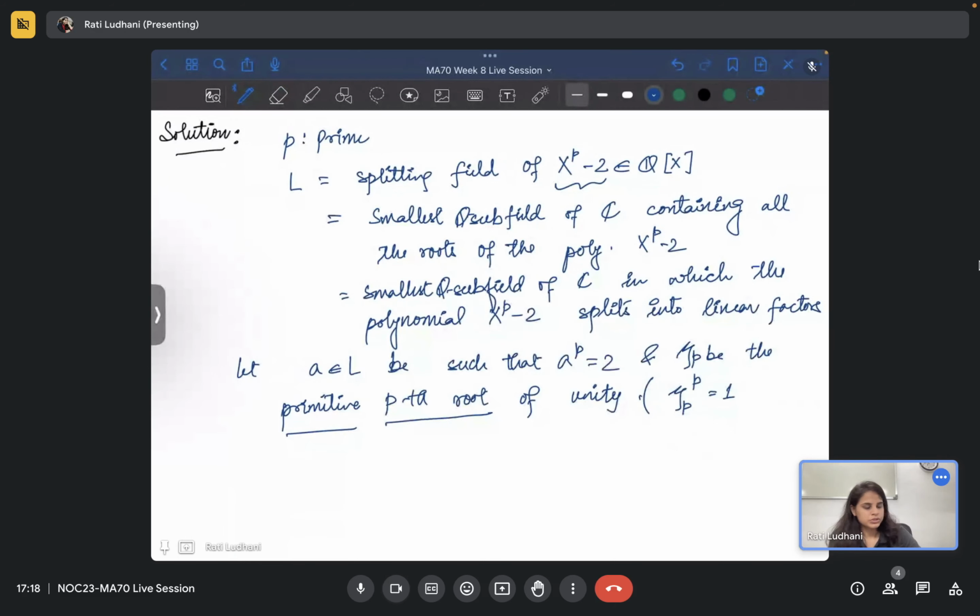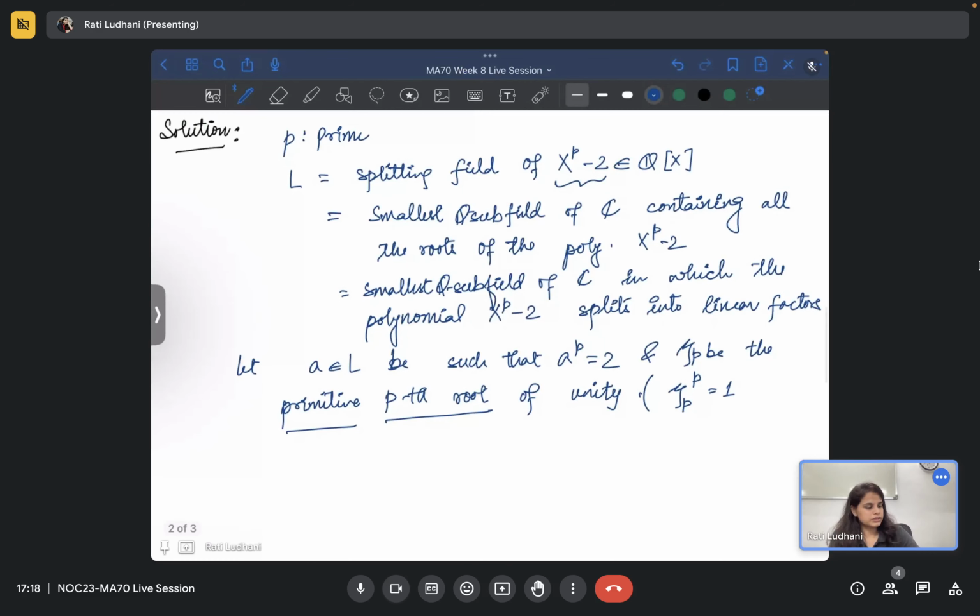Exactly, very good. So the order of zeta P is equal to P.